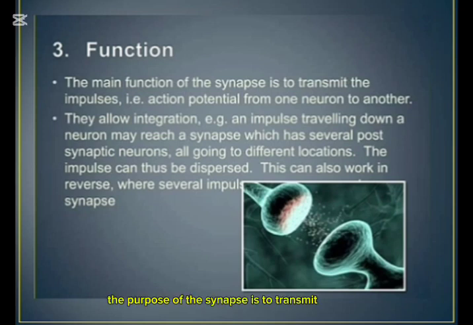The purpose of the synapse is to transmit impulses or action potential from neuron to neuron, or neuron to muscle, or neuron to glands. Primary purpose is for the transmission of impulses.